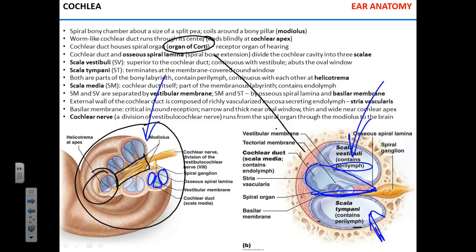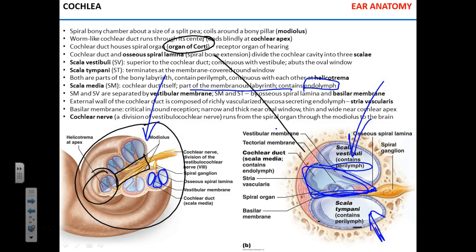That makes sense? Both scala vestibuli and scala tympani are filled with perilymph, so they are parts of the bony labyrinth. Scala media, or cochlear duct, is filled with endolymph, and it's a part of the membranous labyrinth. Okay?